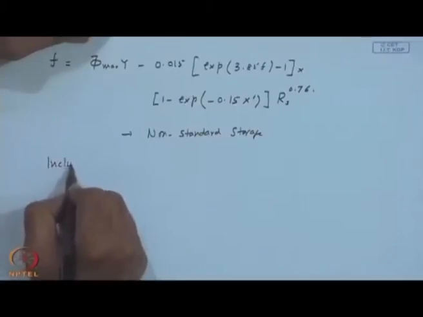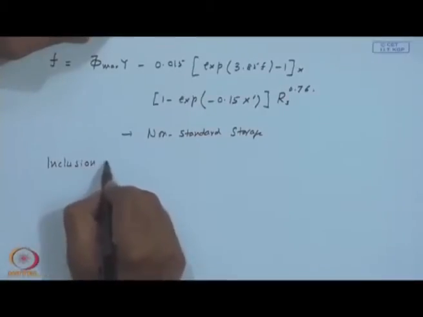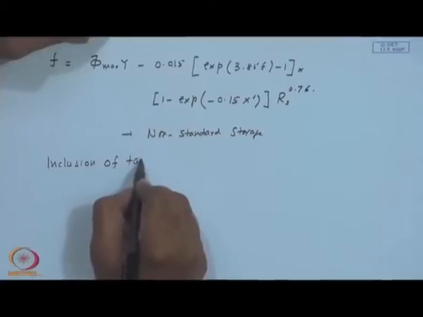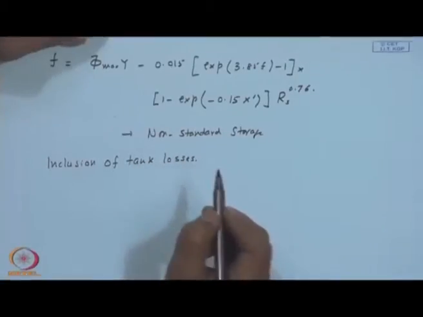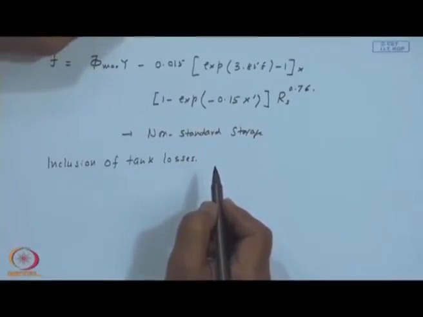So, now how do we include the tank losses? If the tank is at an average temperature of T t, it will be losing heat at a particular rate depending upon the overall loss coefficient of the tank multiplied by the surface area of the tank times the temperature difference of the T tank minus the surrounding T a dashed.